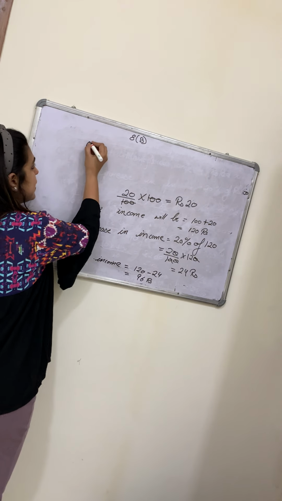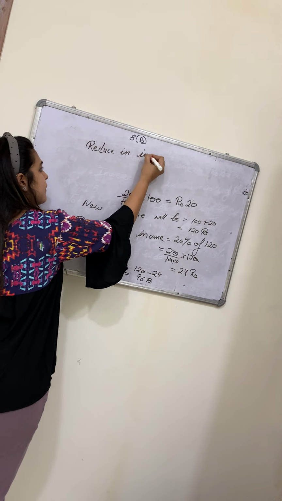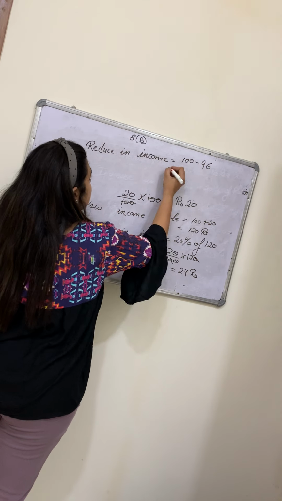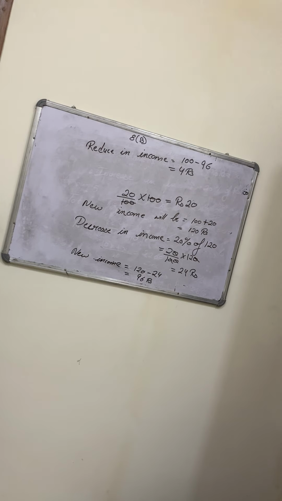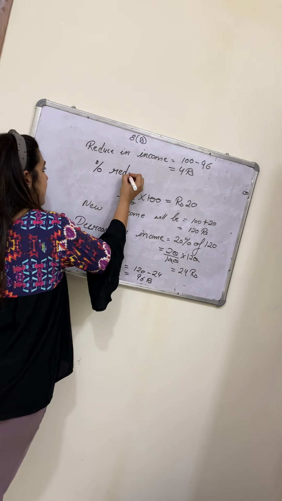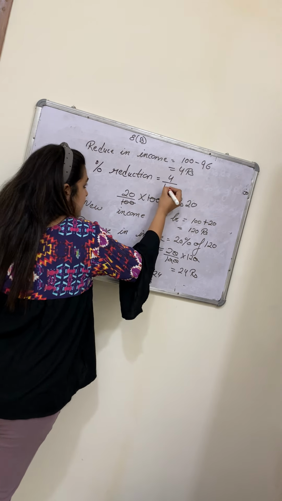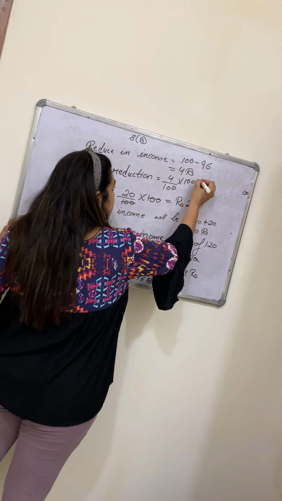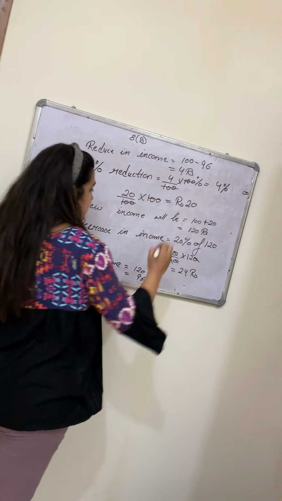So the reduced income is 100 minus 96, that is 4 rupees. 4 rupees reduced हो गए. So the percentage reduction will be 4 upon 100, that is total, into 100%, which comes out to be 4%.